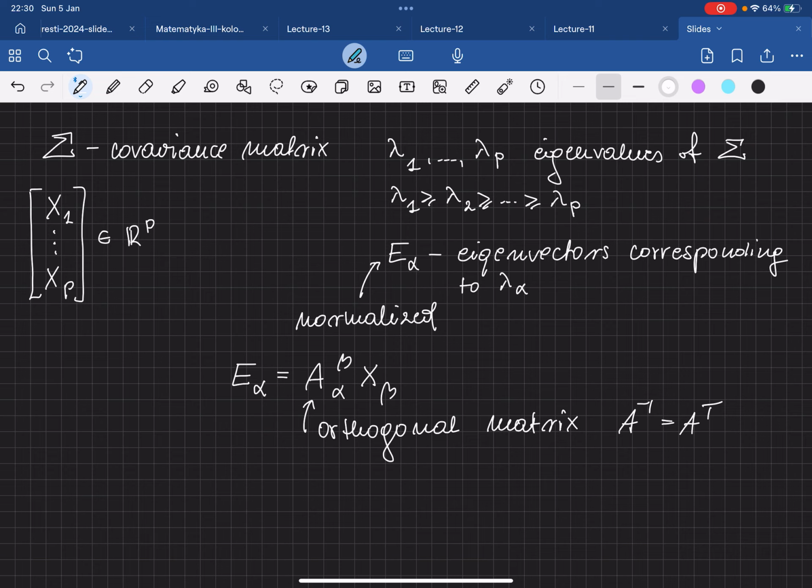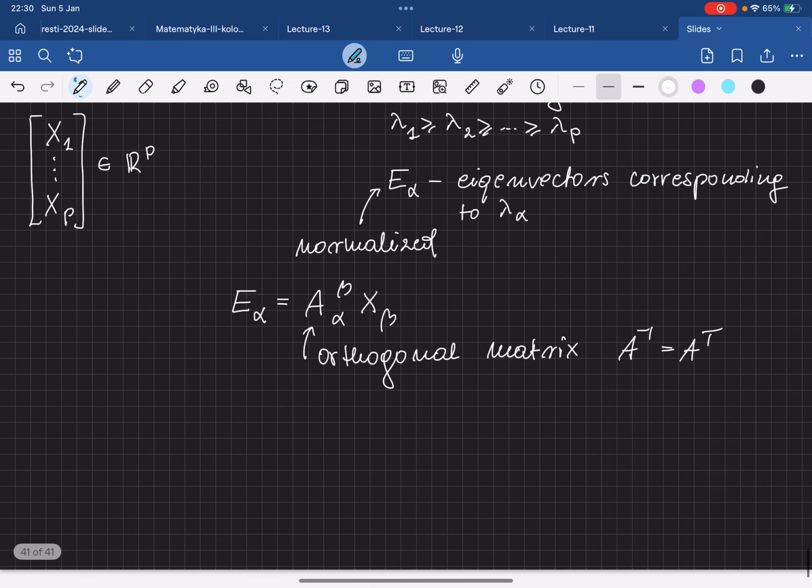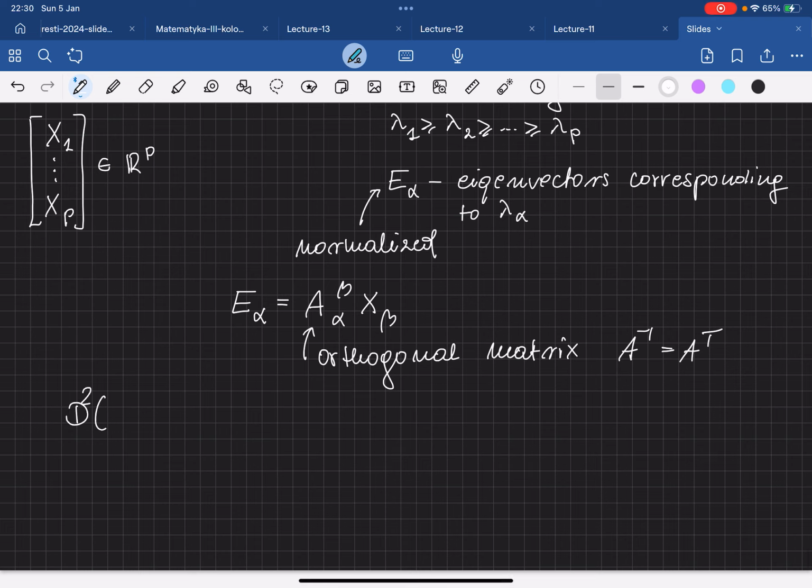Okay, so factors are related to eigenvectors, but they are not exactly eigenvectors because factors should be variables with variance equal to 1. And as constructed, the variance of each variable E alpha equals lambda alpha. So what we have is the variance of E alpha equal to lambda alpha, because this is the diagonalized correlation matrix, yes?